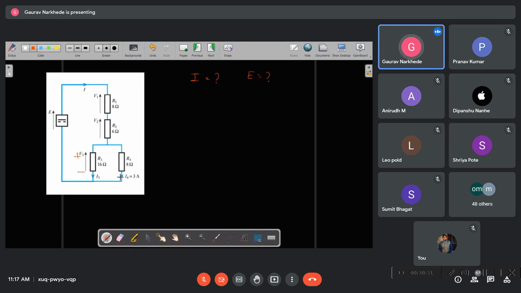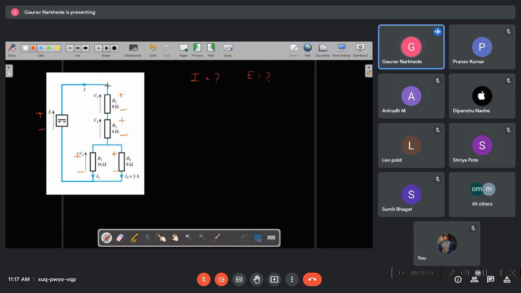Here the current is leaving, so this is minus, this is plus. Have you understood the directions? Yes, sir.